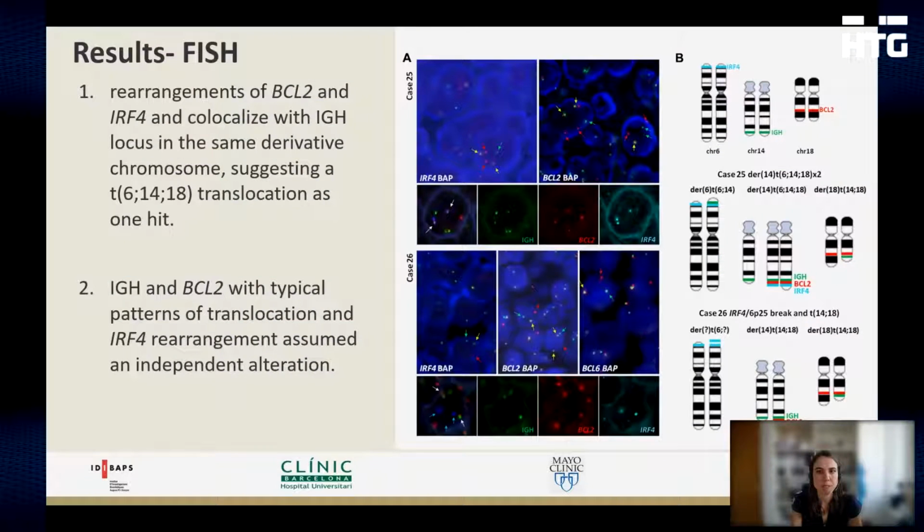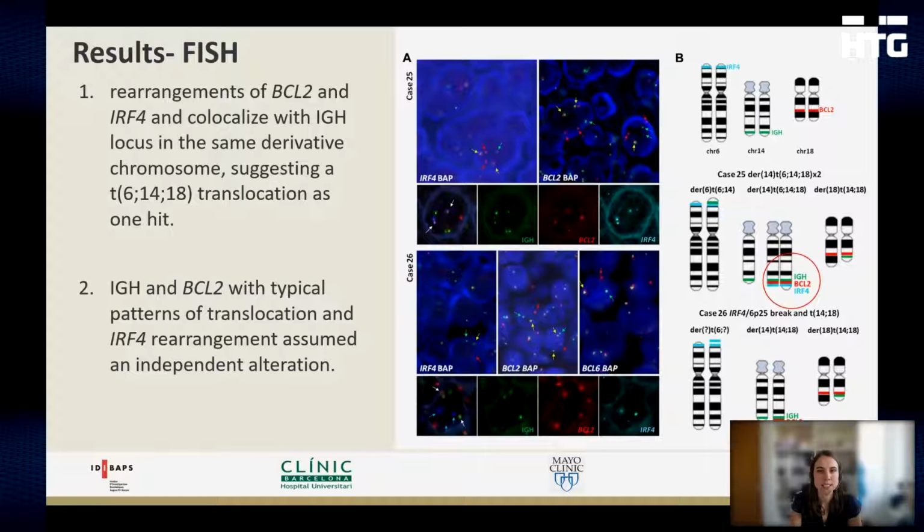With that, I'm coming to two special cases of this cohort, case 25 and 26. I want to point out those two cases which showed a complex translocation, and both of them involved the IRF4 gene. Case 25 with the rearrangement of BCL2 and IRF4 that co-localizes with the IGH locus in the same derivative chromosome, suggesting that this is a t(6;14;18) translocation as a one-hit translocation.